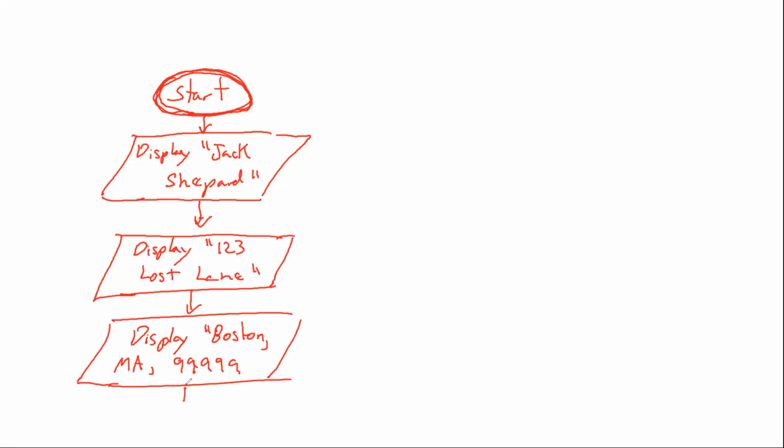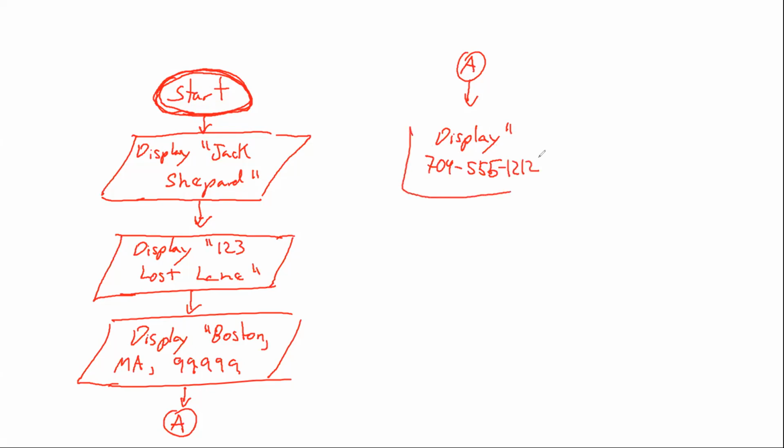There's a suggestion you can use: simply put an A as a linking point, and then start A over here, and now there's a connection. The next one would be the phone number. So you're going to say display 704-555-1212, in double quotes. Oops, I'm using the wrong symbol here.